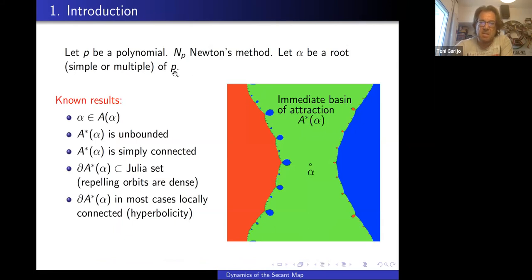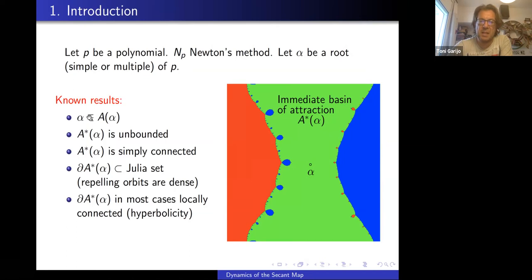Then, assuming that P is a polynomial and we have the Newton iteration, let alpha be a root that could be simple or multiple. Here I list some basic properties about the basin of attraction of one of these fixed points coming from a root of the polynomial.